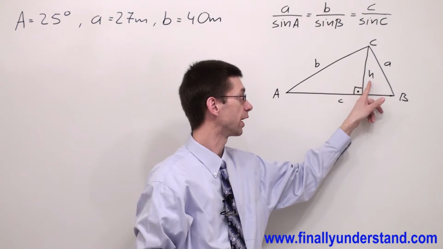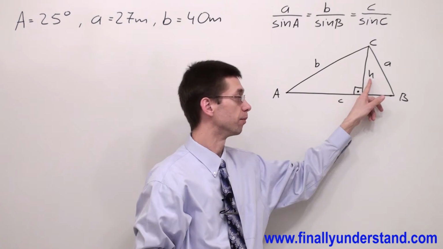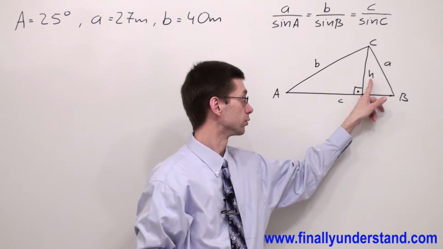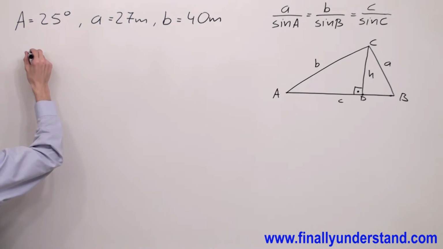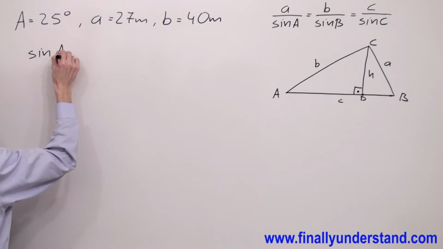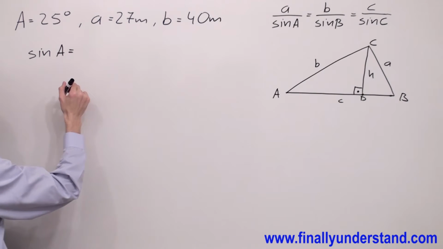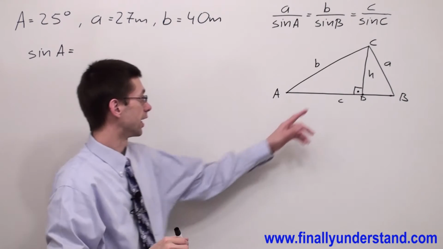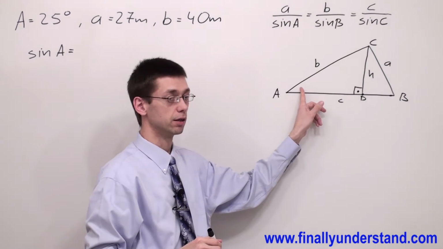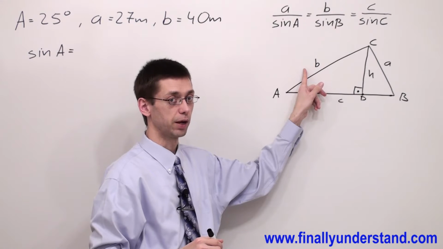I'm supposed to find the length of my altitude. How can I do so? I'm supposed to simply use the formula for sine of angle A. Sine of angle A is nothing else, just the opposite side to the given angle divided by the hypotenuse.